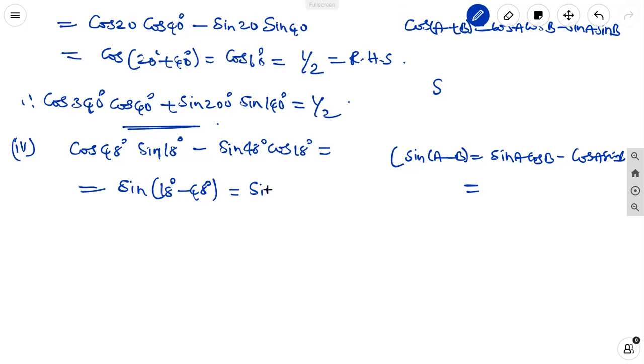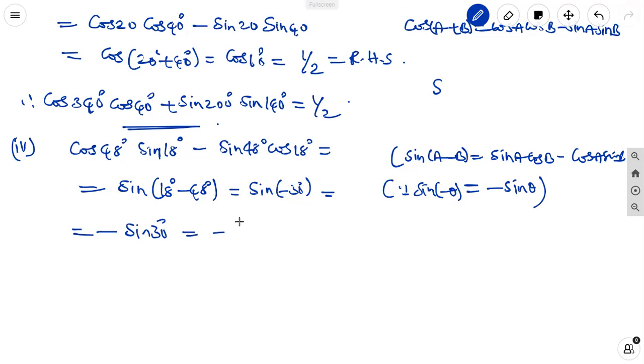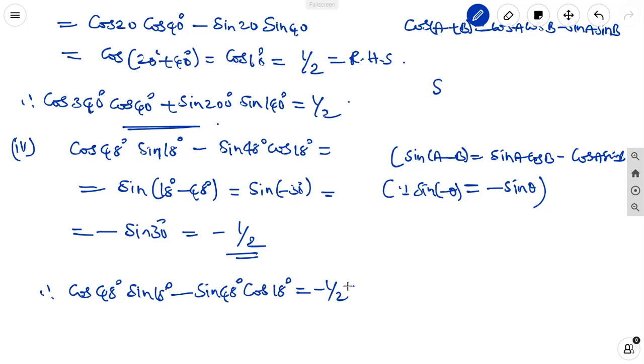It is equal to sine of minus 30 degrees. Sine is an odd function, so this is minus sine 30 degrees. Why? Because sine of minus theta equal to minus sine theta. So minus sine 30, value is minus 1 by 2. Therefore, cos 48 degrees sine 18 degrees minus sine 48 degrees cos 18 degrees equal to minus 1 by 2.